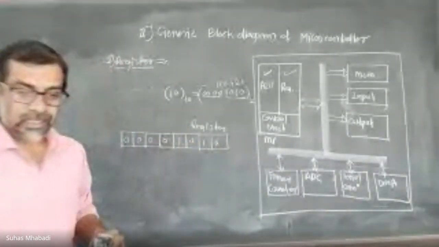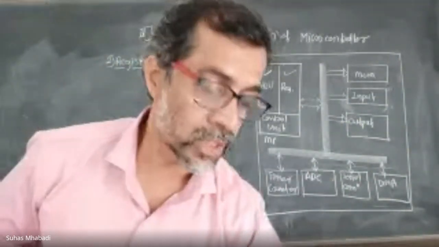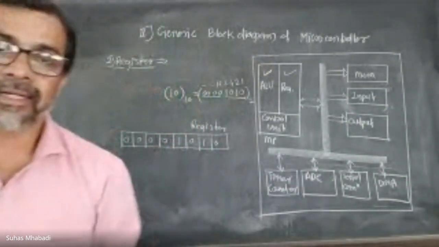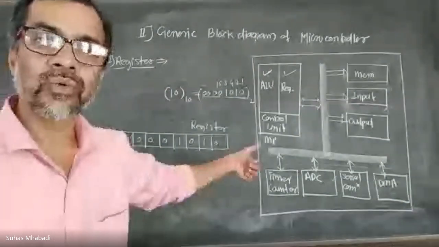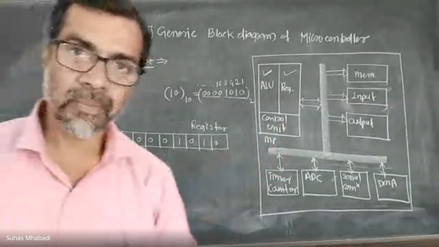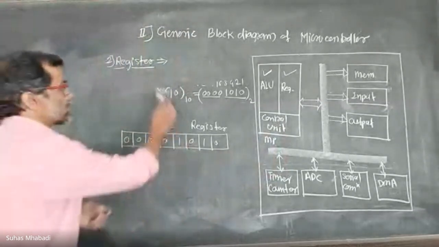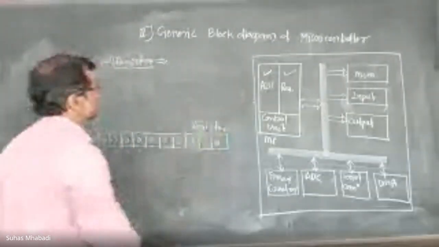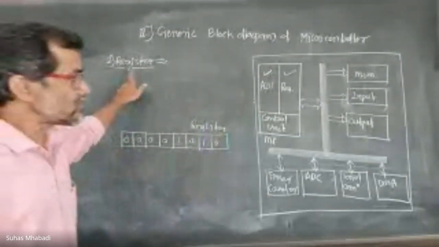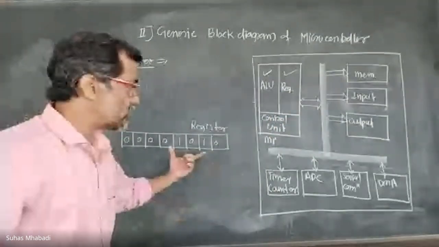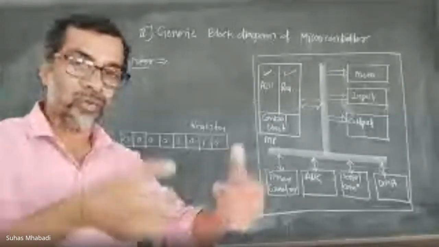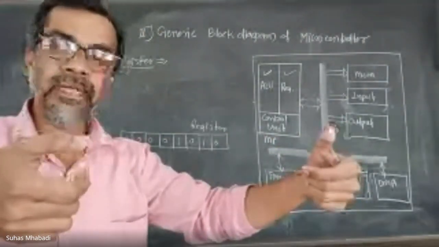The meaning is this register has stored a number which is 10 in decimal, or 00001010 in binary format. There are a number of registers. They are either 8-bit, or when two 8 bits are combined together, it becomes 16-bit.